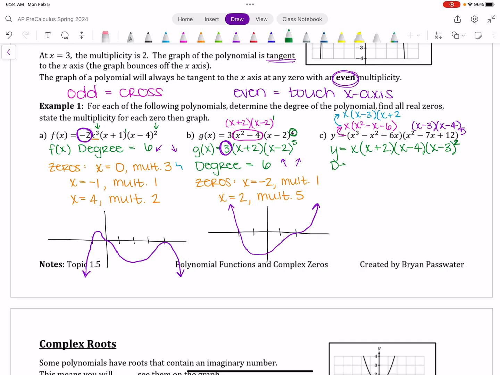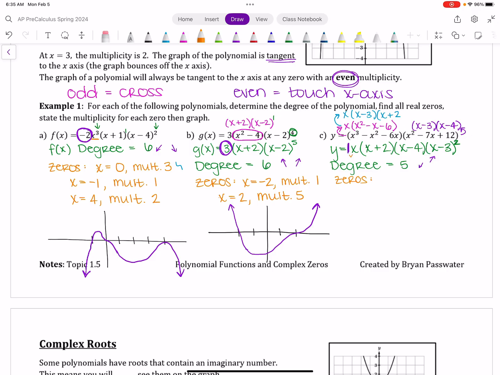And the degree of y is 5. And because that is an odd degree, that means the ends of our function are going to go in different directions. And because our leading coefficient is an understood 1, that means the left side will go down and the right side will go up. So next we'll determine all of our zeros.